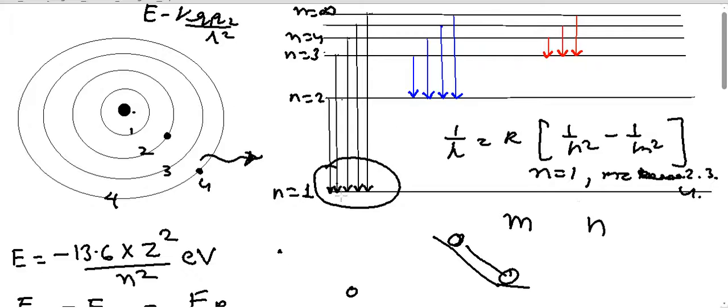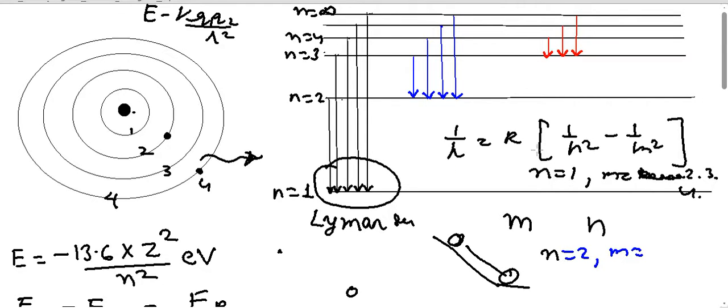So this series is what we get as the Lyman series, where the electron jumps from higher states to the first orbital. Similarly, for this one, let me write it in blue color. In this series n is equal to 2, and m will be 3, 4, 5, as it is jumping from the higher states.